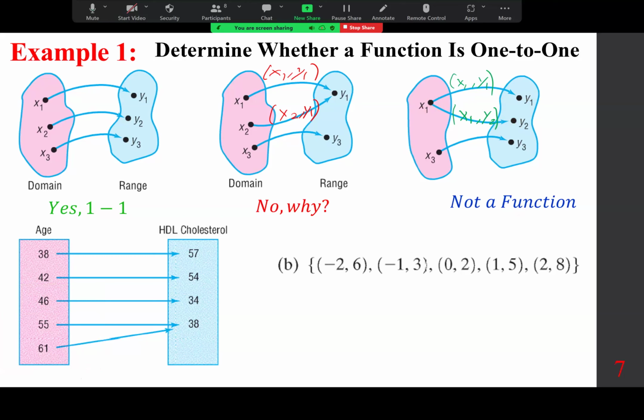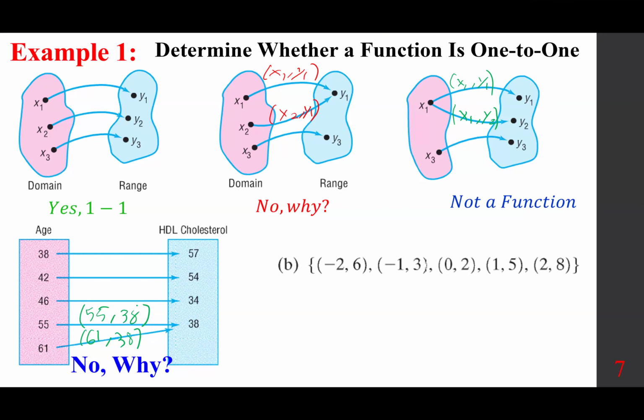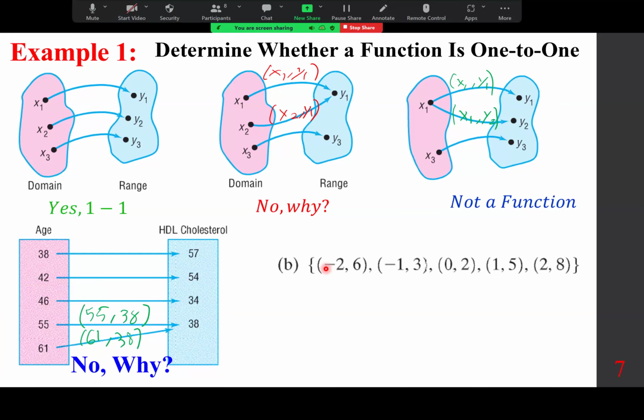In this case, the answer is no, because now we have 55, 38 as a pair, 61, 38, and therefore it's not a one-to-one function. In other words, in order for it to be a one-to-one function, the x and y coordinates cannot repeat. So the last one, this is -2, this is -1, this is 0, 1, 2.